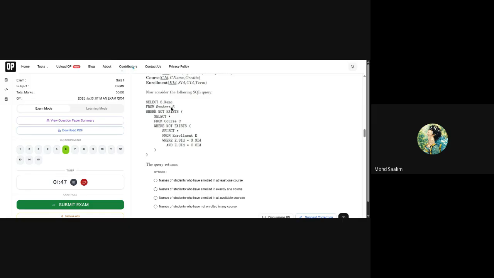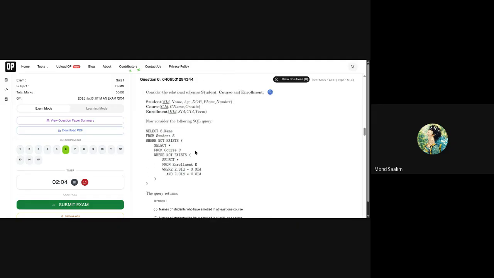Select s.name from student S where not exists (select star from course C where not exists (select star from enrollment E where E.SID = S.SID and E.CID = C.CID)). CID denotes course, SID denotes student.